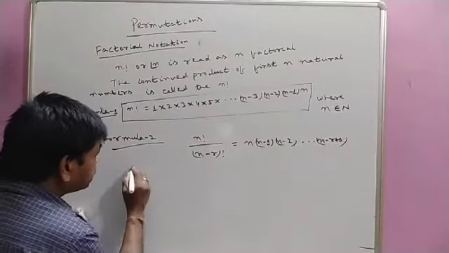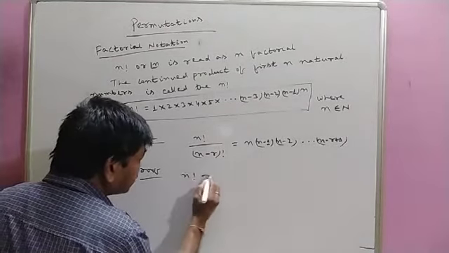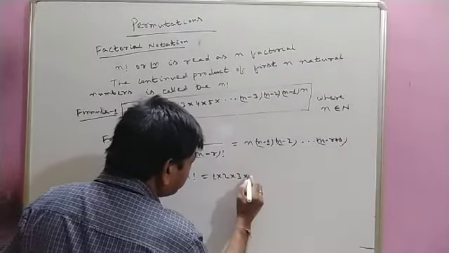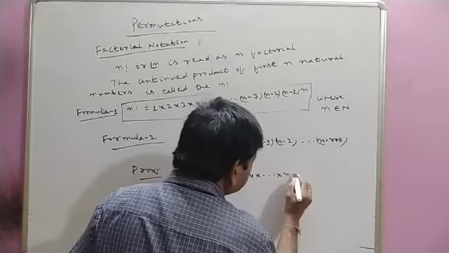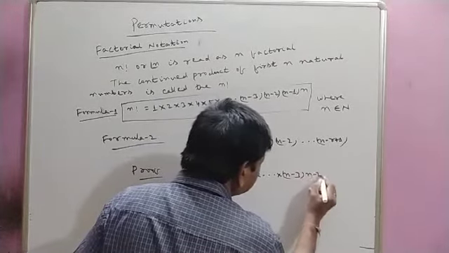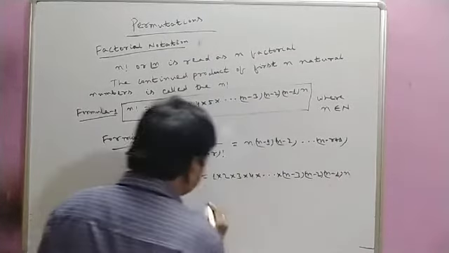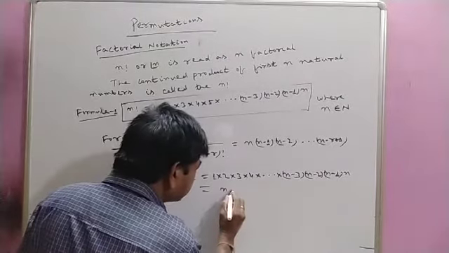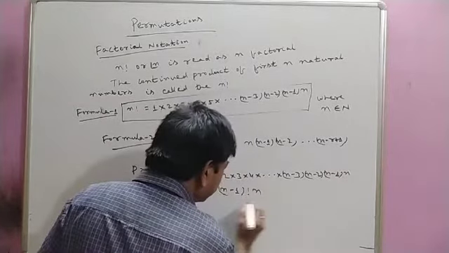So let us prove it. You know n factorial is equal to 1 into 2 into 3 into 4 and so on, up to n minus 3, then n minus 2, n minus 1, then n. So 1 up to n minus 1 is n minus 1 factorial, and the last one is n.